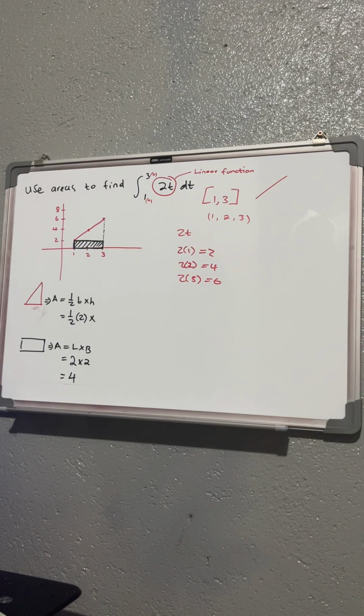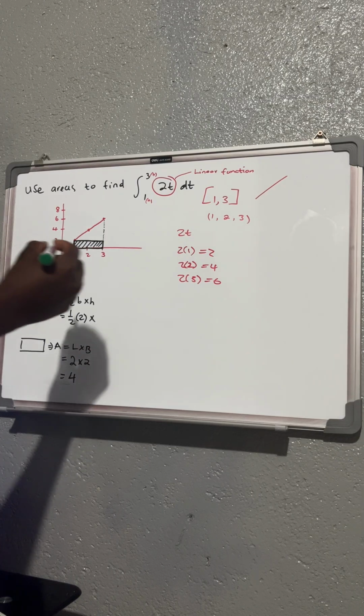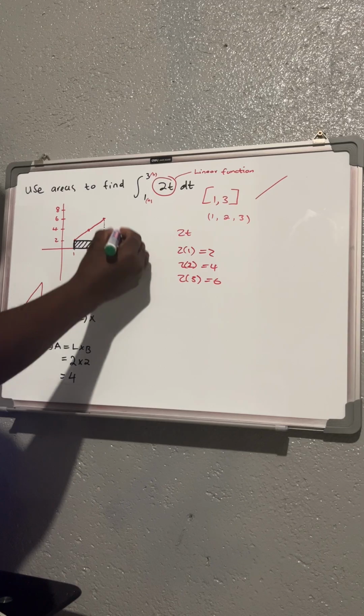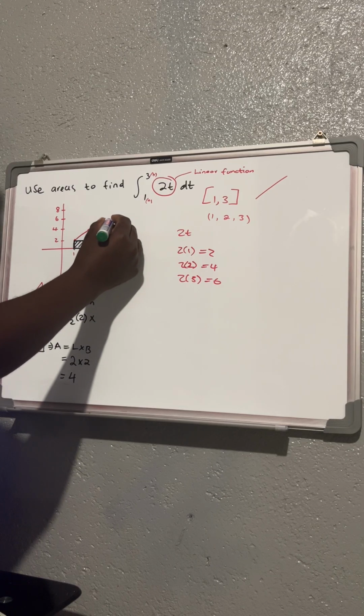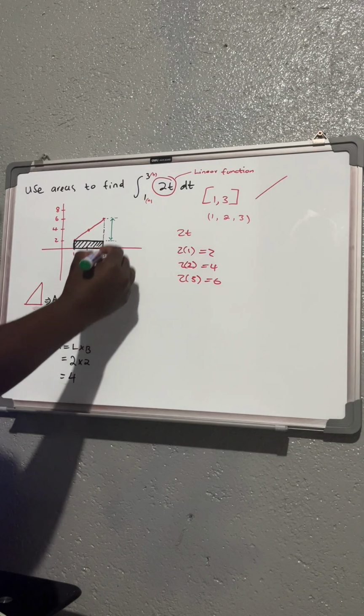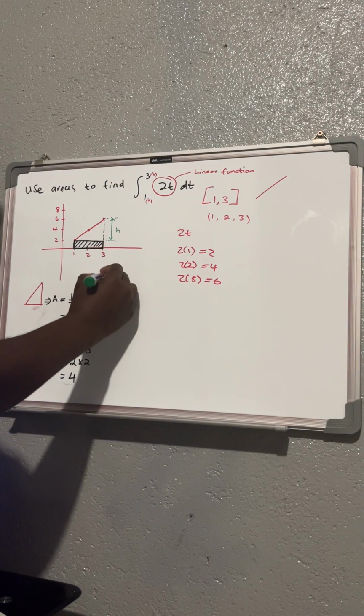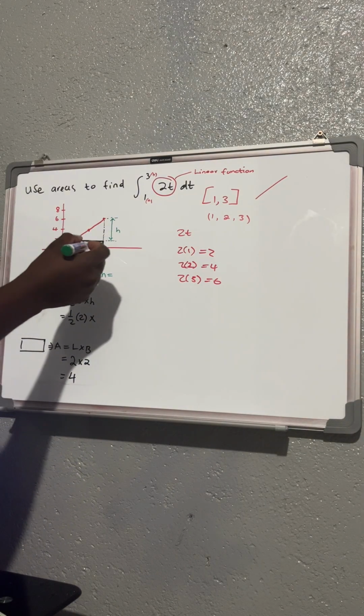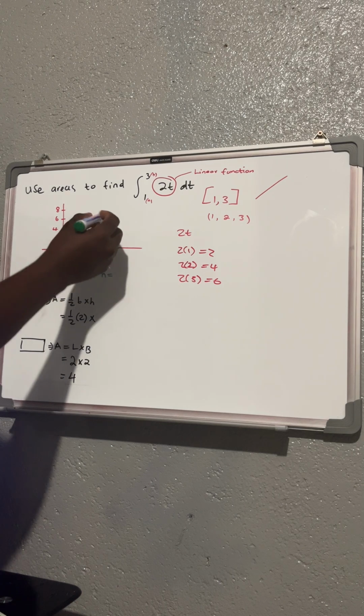We are trying to work out the height of the triangle itself, which is from here to there. So we have the height from here to here, which is 6.